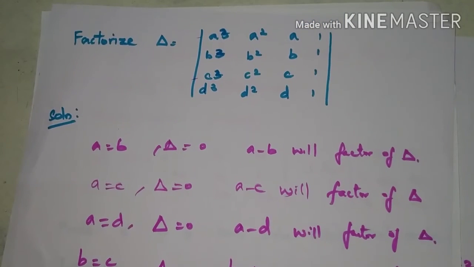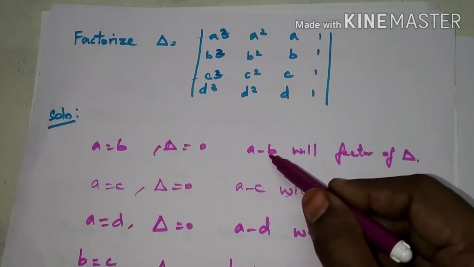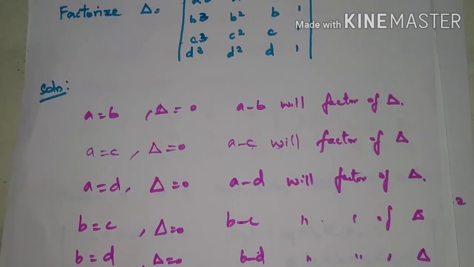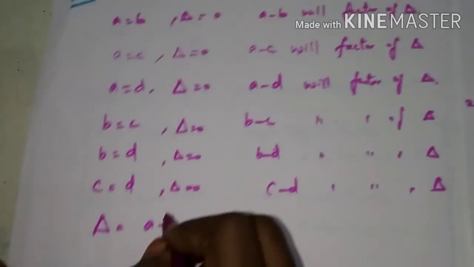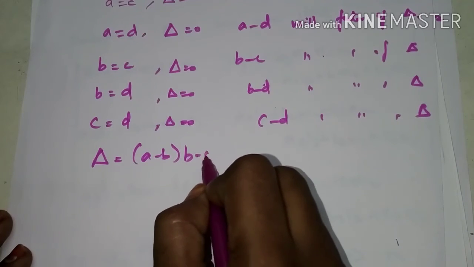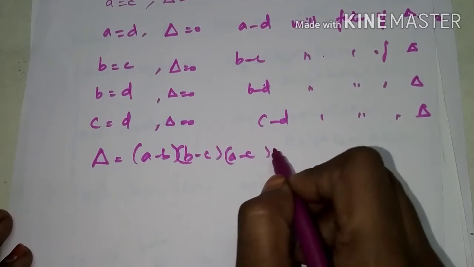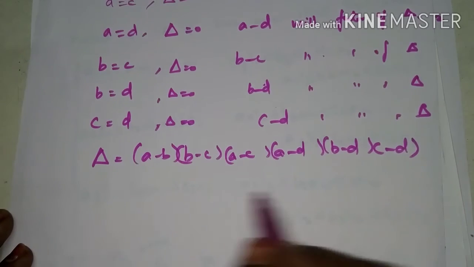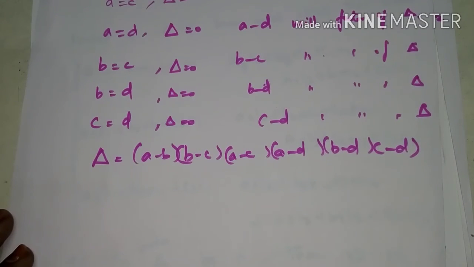The highest power of the determinant is 6, so we should have 6 factors, right? 1, 2, 3, 4, 5, 6 here. So del would have factors a minus b, b minus c, a minus c, a minus d, b minus d and c minus d. We are having 6 factors, right?